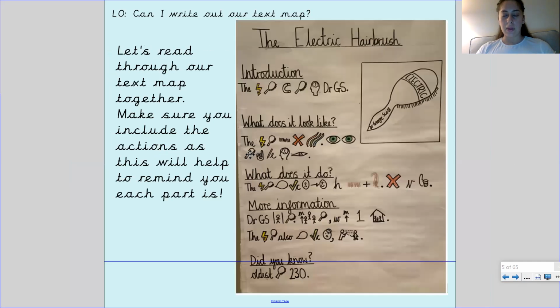Okay. The electric hairbrush was made out of bristles and not electrical wires. So I'm just going to pause on that for a second. I'm going to write this part and then the next part. The electric hairbrush was made out of bristles and not electrical wires.